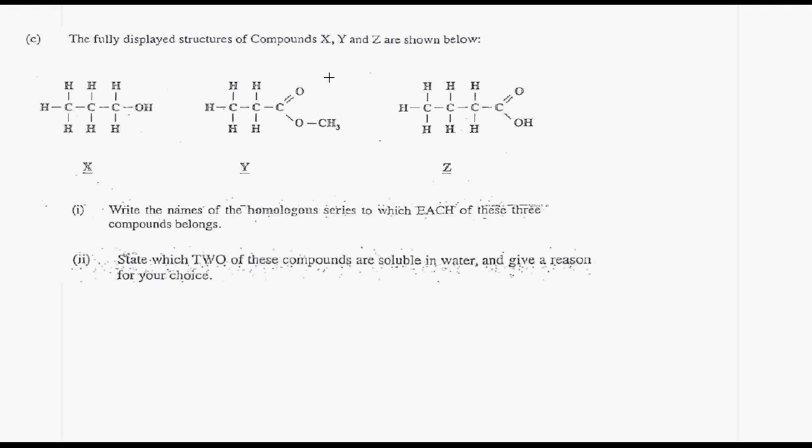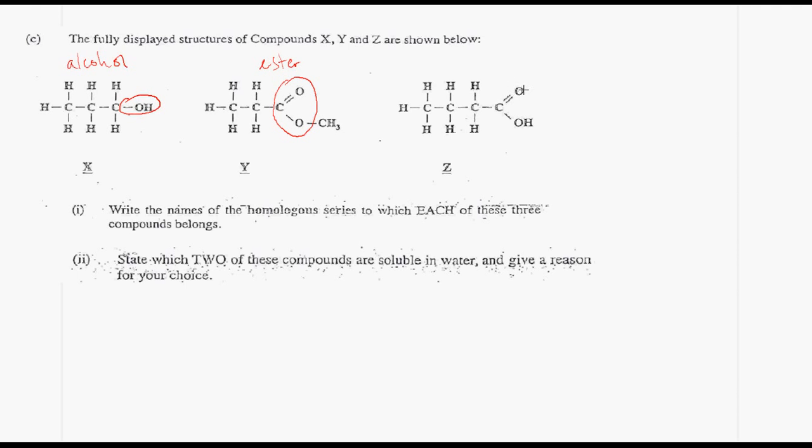Okay, in this next question we have 3 compounds, X, Y, and Z. And the question asks, what are the names of the homologous series to which each of the 3 belongs? Now, compound X has an OH group attached to a carbon atom, so therefore this is an alcohol. In the case of compound Y, the functional group present here is this group, which is the ester group.